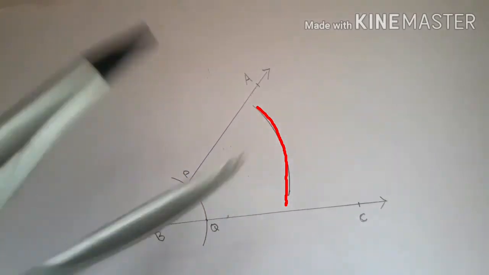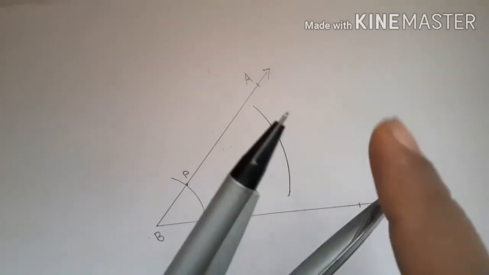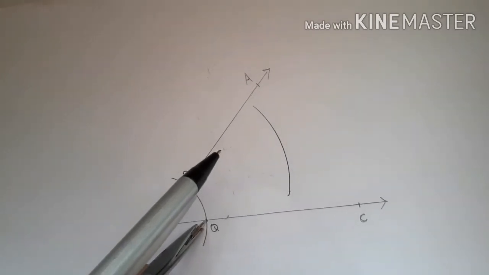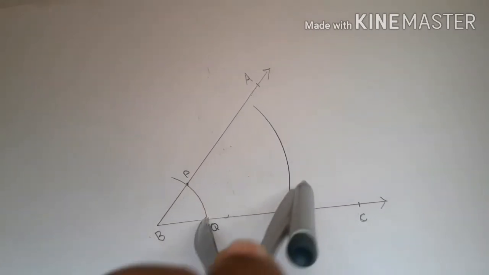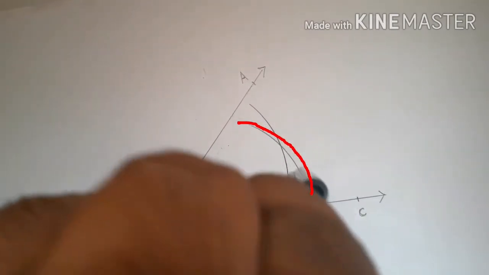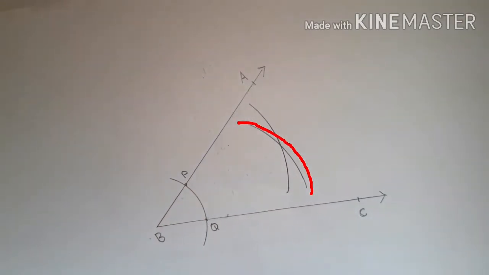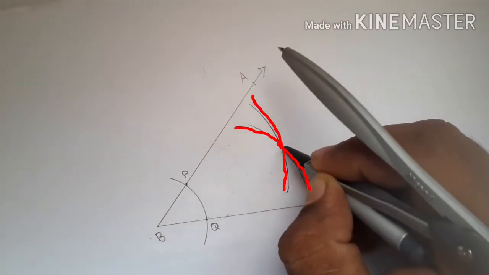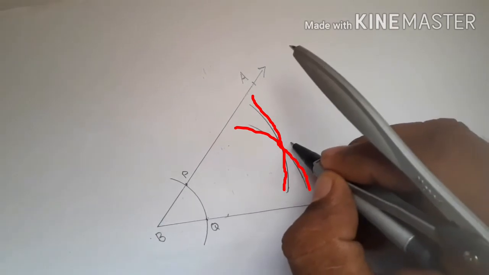Now without changing this distance, we should not change this distance, we have to again keep this point on point Q and we have to intersect the earlier arc. Here we have got one point of intersection. We will give the name O here.